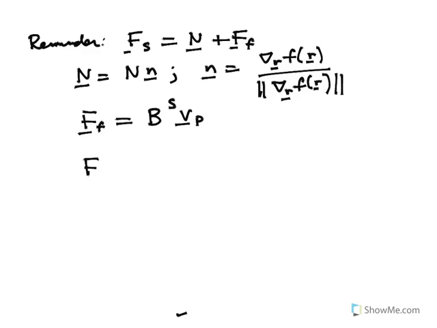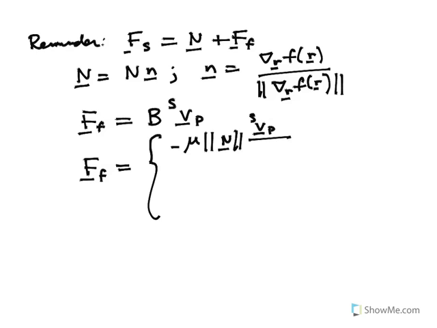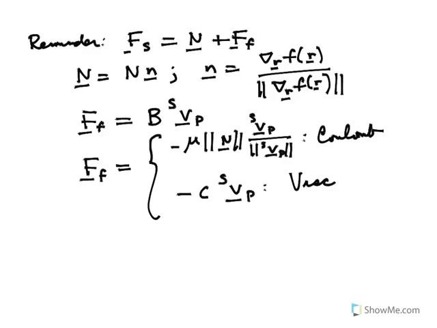And F sub f takes one of two forms. It either takes the form of minus mu times the magnitude of the normal times VPS divided by the magnitude of VPS, and this is for the case of Coulomb friction. And then minus C times VPS, and this is for the case of viscous friction.